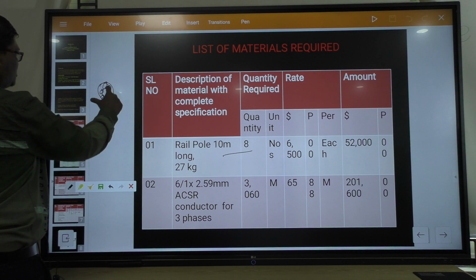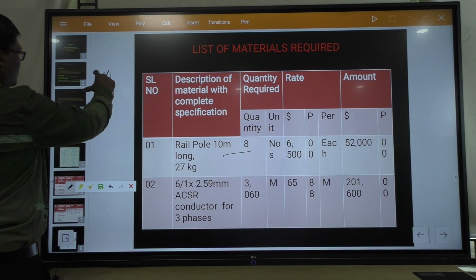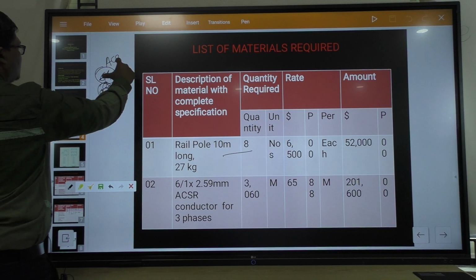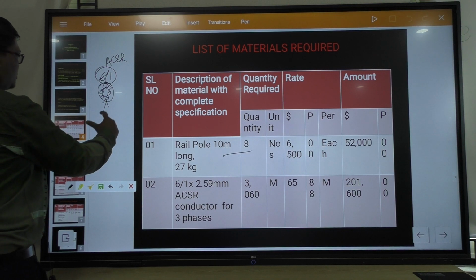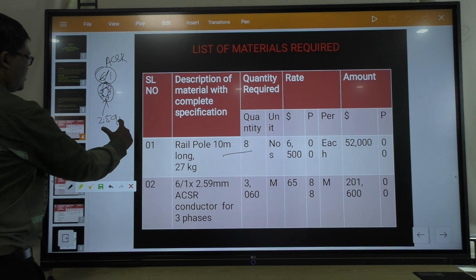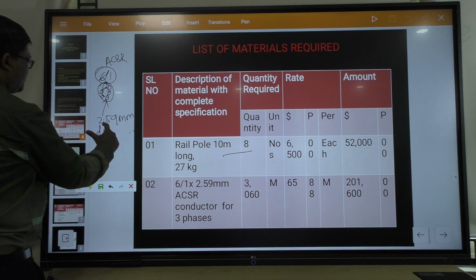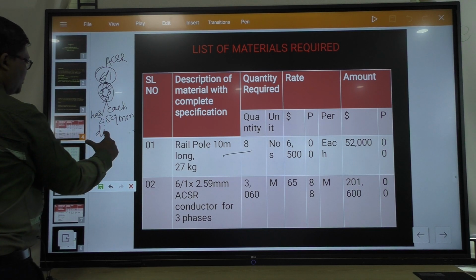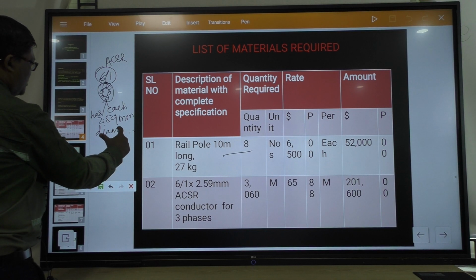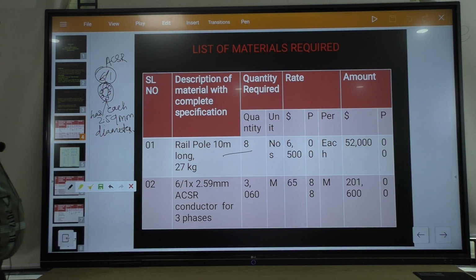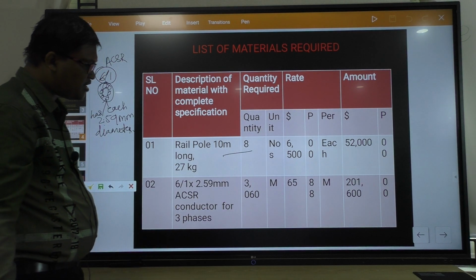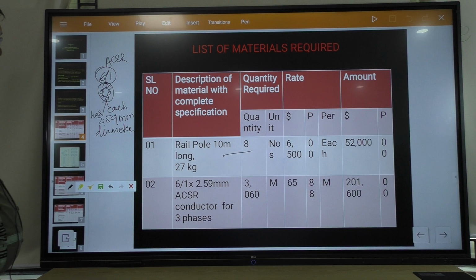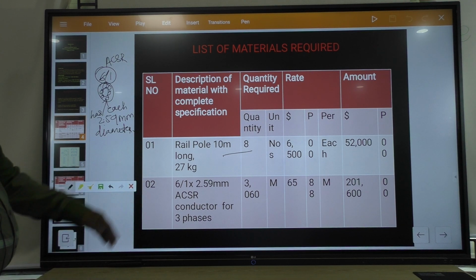This is your 6 by 1 ACSR conductor, and each has a diameter of 2.59 mm. So this is the standard of ACSR conductor, and it is required 3060 meters.